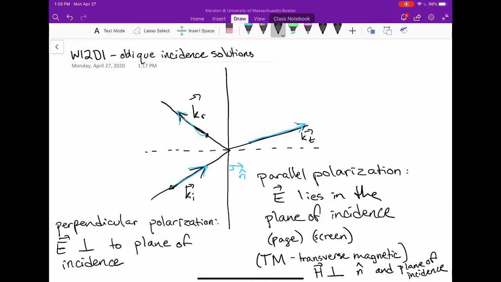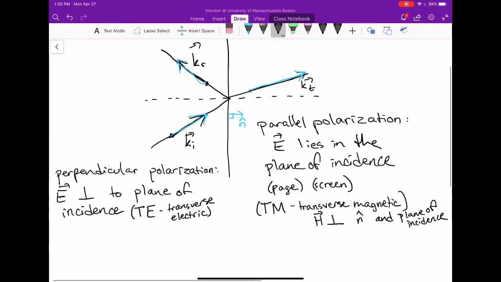Perpendicular polarization is also known as TE, or transverse electric, because the electric field is perpendicular, also known as transverse, to the plane of incidence.